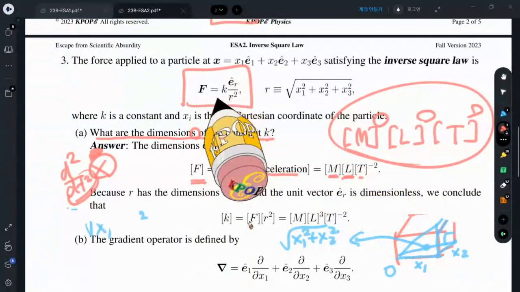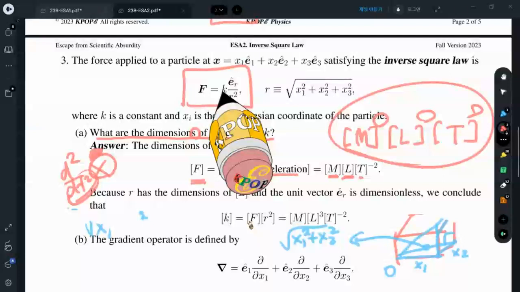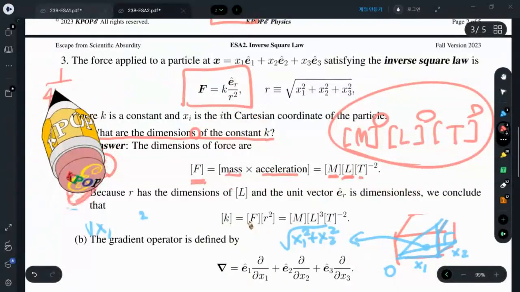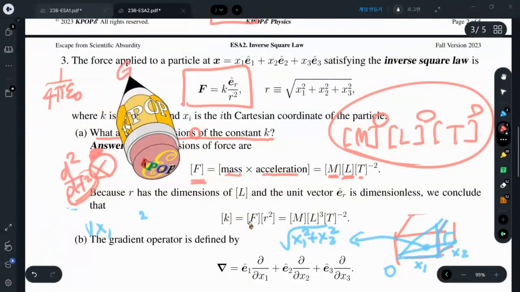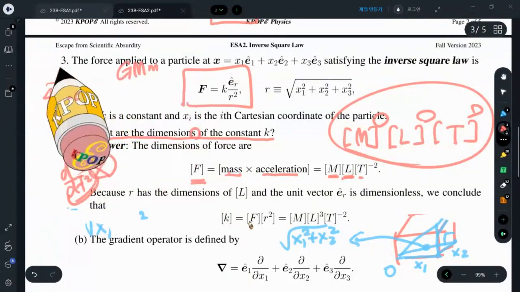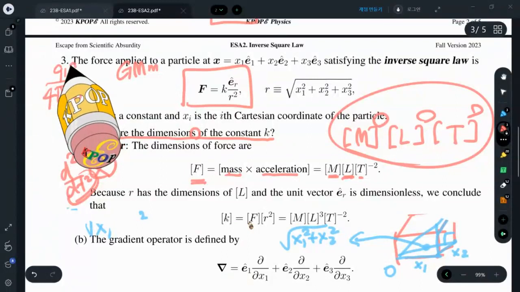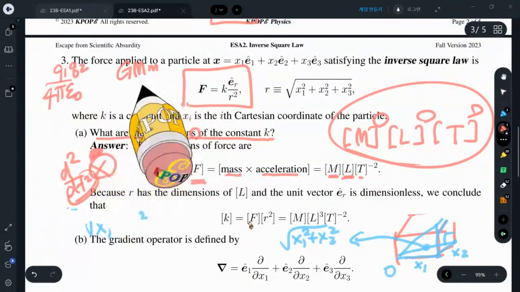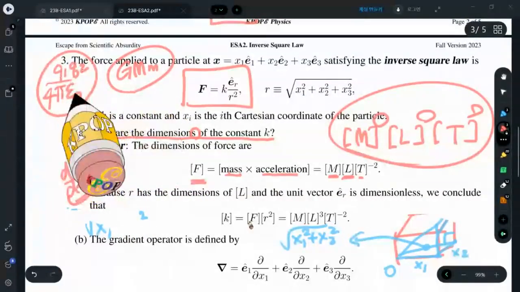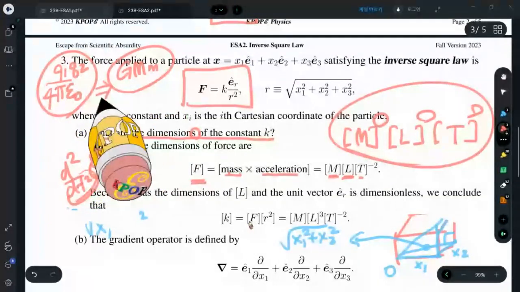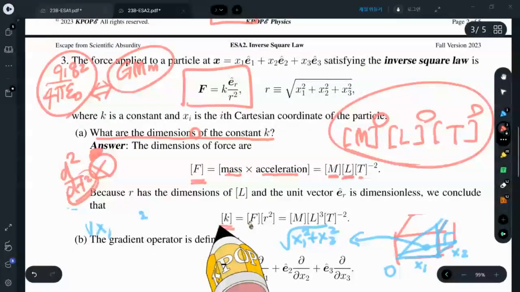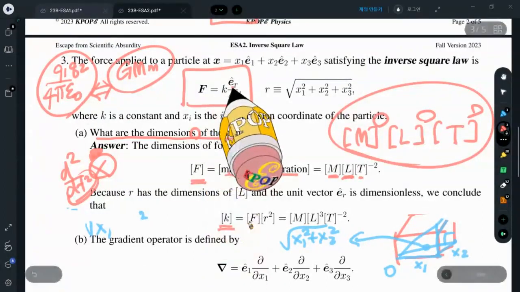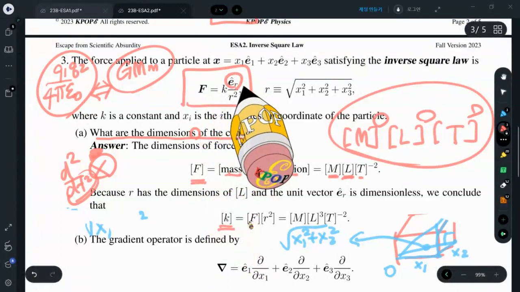And what is the dimensions of the constant K? We remember Coulomb's law, which used to be 1 over 4 pi epsilon 0, and the gravitational force G m m. Sure, there is a Q1, Q2 multiplied. So these are two complicated objects, and actually they are of the same dimensions. Okay, so this K can be inferred from the fact that this guy is a unit.